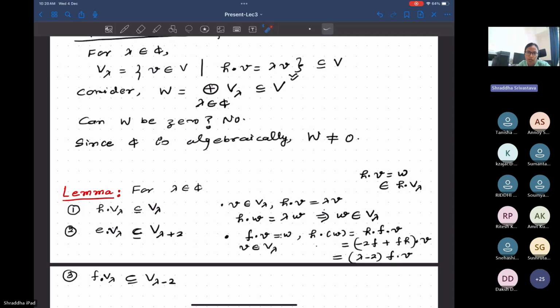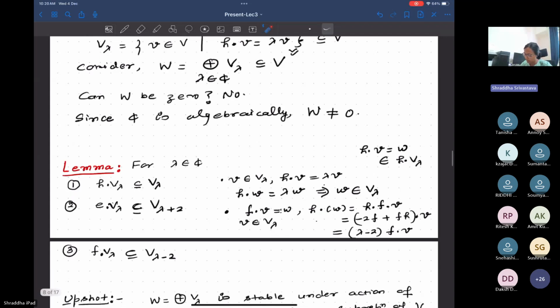So W is stable under the action of E, F and H. And then since E, F and H form a basis for SL2C, this W is stable under the entire SL2C. Any element of SL2C will be a linear combination of E, H and F, so it will be stable under that.